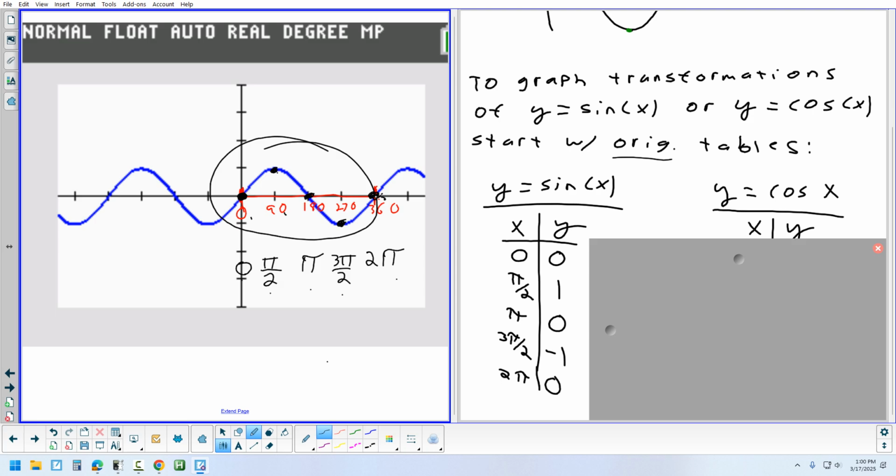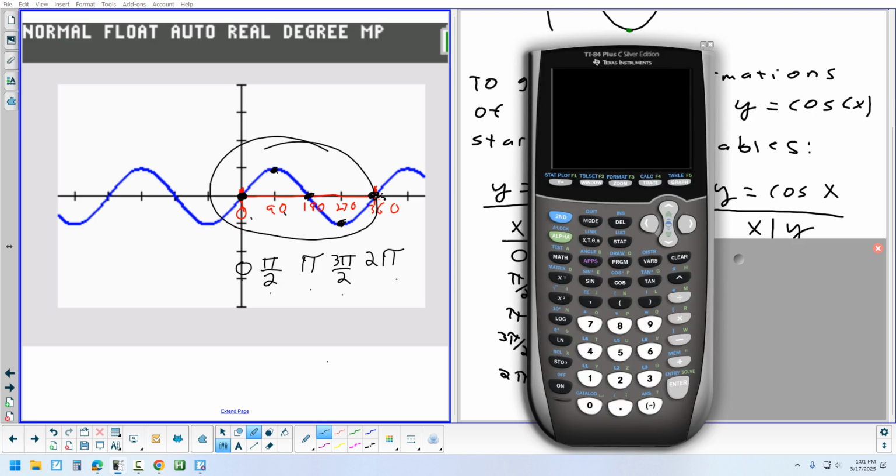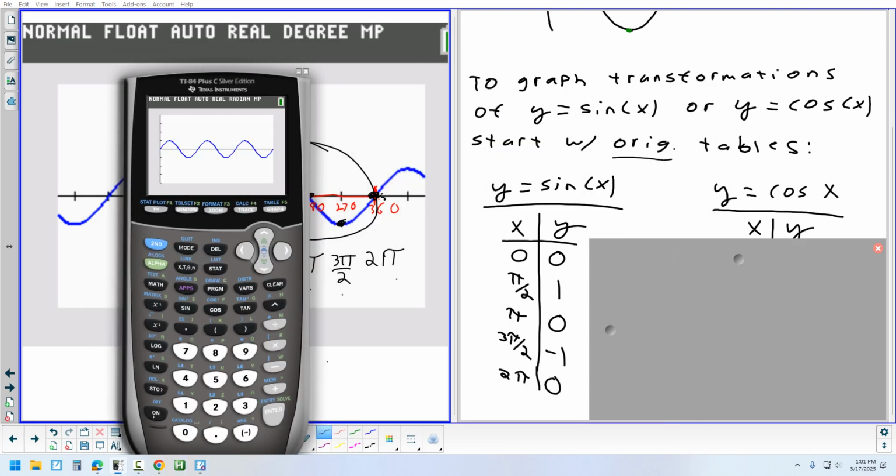Now, any kind of transformation that we do, whether we shift it up and down, shift it left and right, stretch it up, compress it down, or stretch or compress it left and right, you're going to start with these 5 coordinates. And that's for sine. Okay, let's look at cosine. So cosine of x.